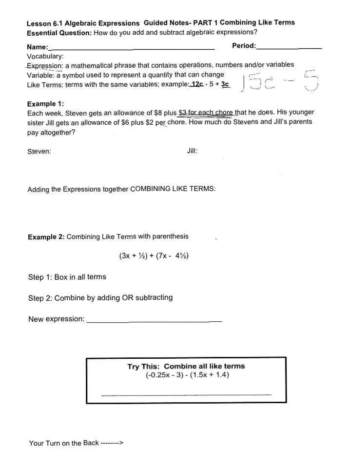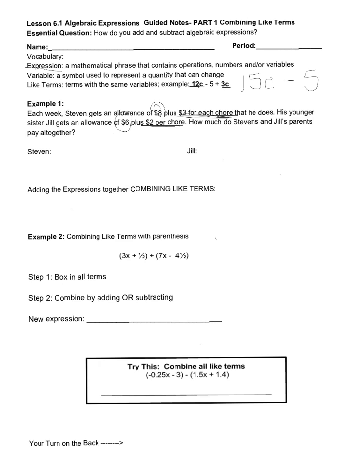His younger sister Jill gets an allowance of $6 plus $2 per chore. Now when we go back and read this $8 here and this $6 here, that means that their parents are just giving them $8 and just giving them $6. That has nothing to do with the chores that they do.